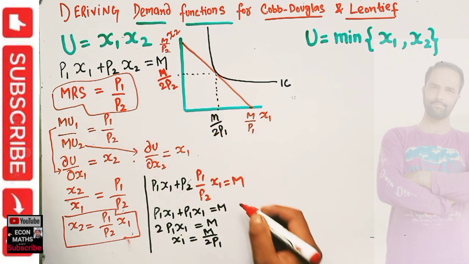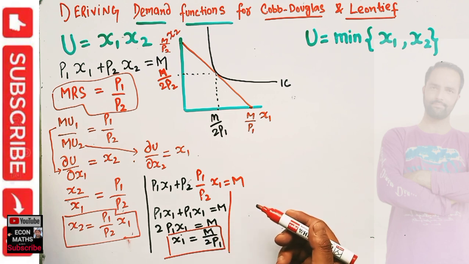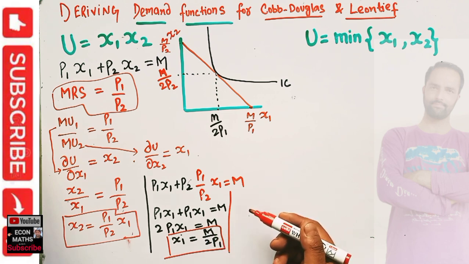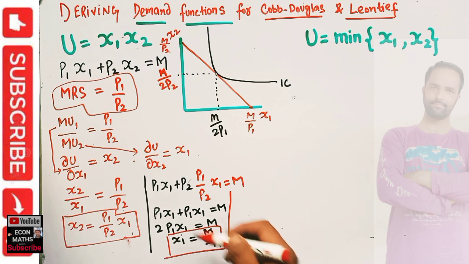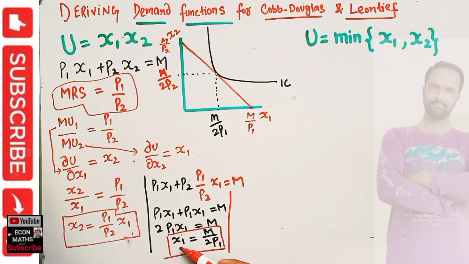Okay, so you can just plug this again in the budget constraint to get the value. So let's put it in the budget constraint. If x1 is equal to this, let me also show it here.